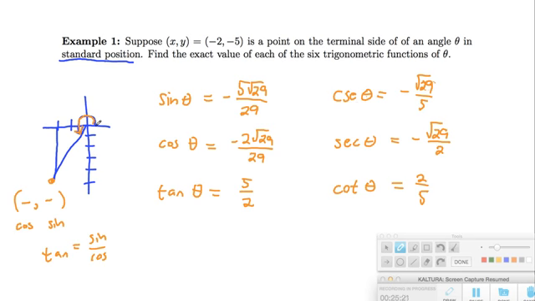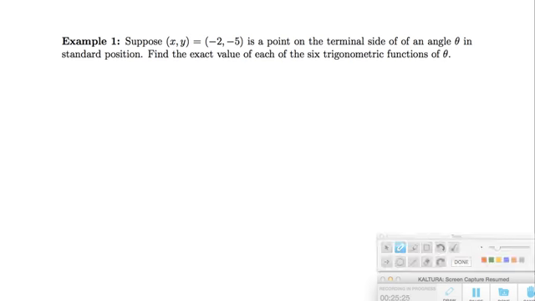Okie dokie, so moving on. If you were to consider the unit circle, remember again, unit circle is a circle of radius 1.